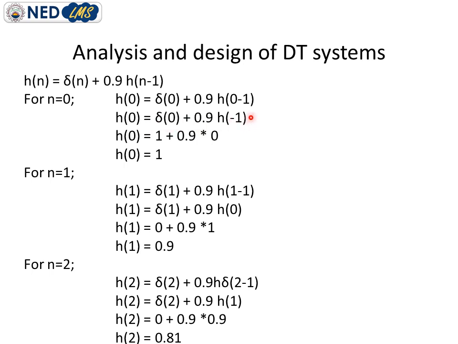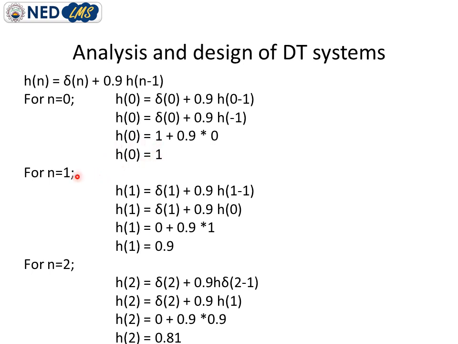Now proceeding with the solution by considering n is equal to 1. After putting n is equal to 1, we will get delta of 1, which we know is equal to 0, and h of 0. So we have to look at the previous response, which is 1. So 0.9 multiplied by 1 is 0.9.